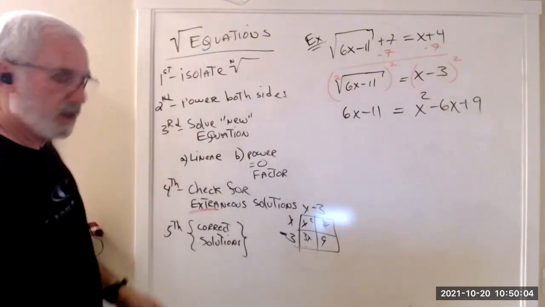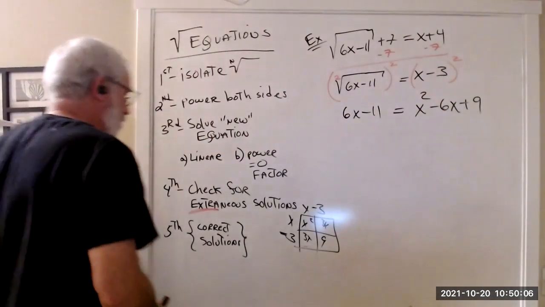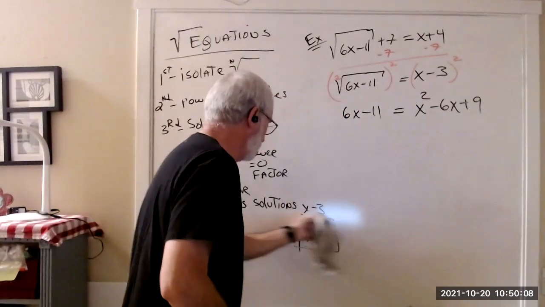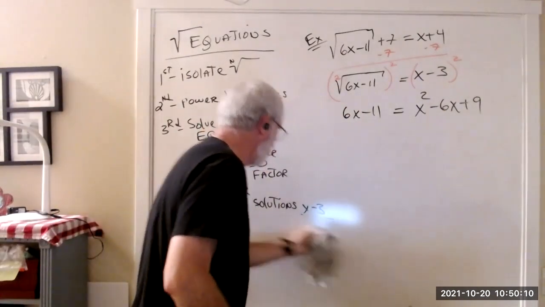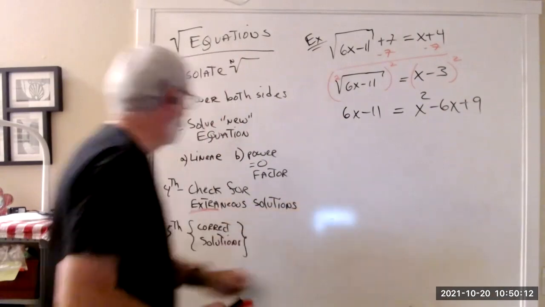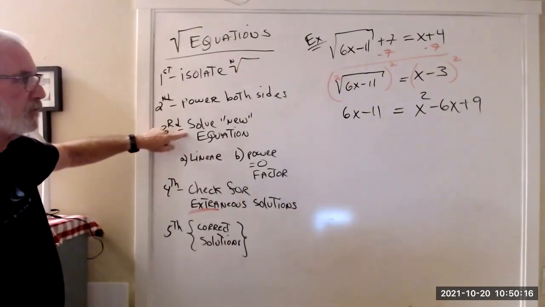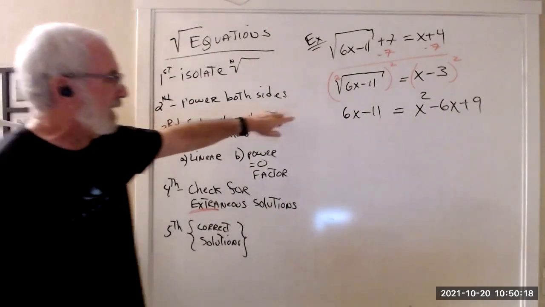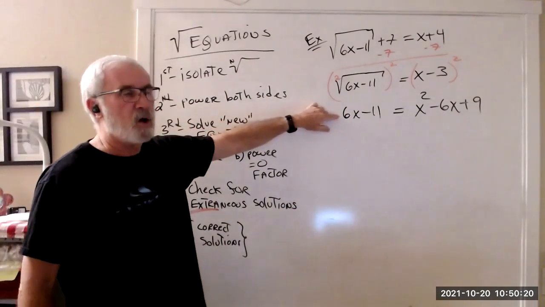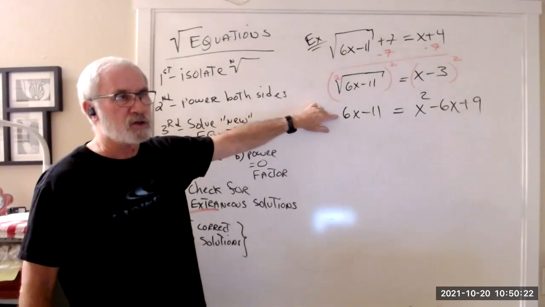Okay, so anyway, now I'm looking at this going, what do I do now? Well, I've powered both sides. Now I have to study this, analyze it, and decide, okay, what kind of problem is this?